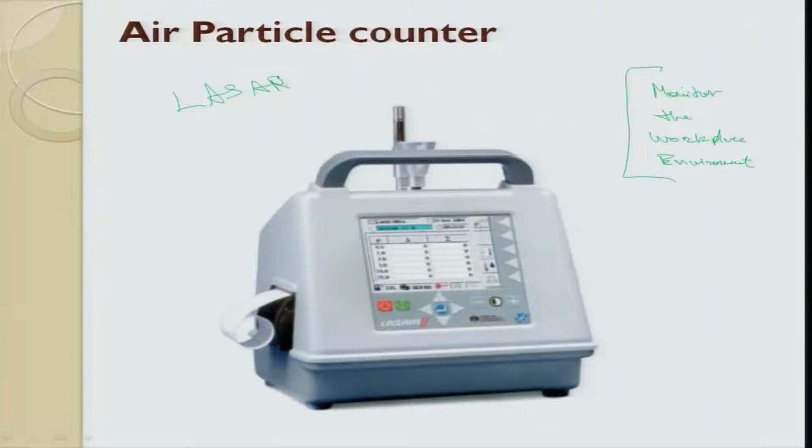Laser 2 model, right, and this has 6 channels of 0.3, 1.0, 2.0, 5.0, 10.0 and 25.0 micrometer. These different sizes are recorded. The number of particles of all these sizes are recorded, right?